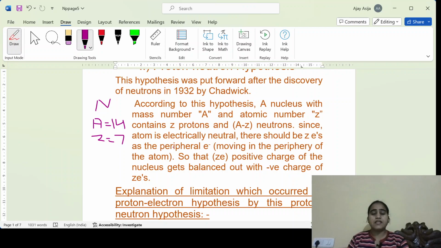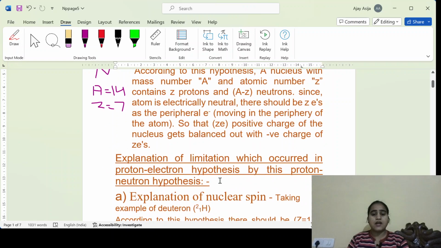So it must contain 7 protons and 7 neutrons inside the nucleus, and because the atom is electrically neutral, there must be 7 electrons as peripheral electrons, moving around the nucleus. Peripheral electrons means electrons moving around the nucleus, so that the positive charge of 7 protons inside the nucleus gets balanced out with the negative charge of 7 electrons outside the nucleus, so that the atom as a whole remains electrically neutral.